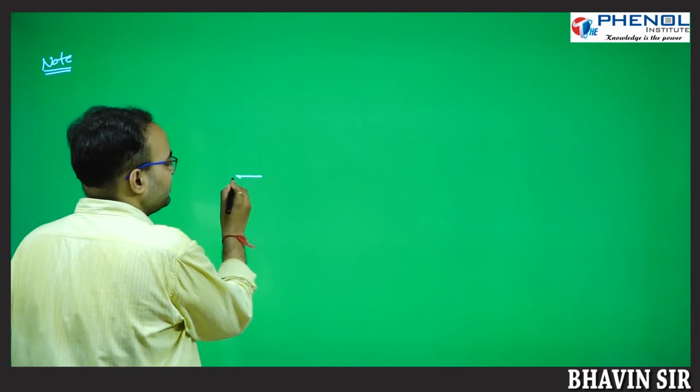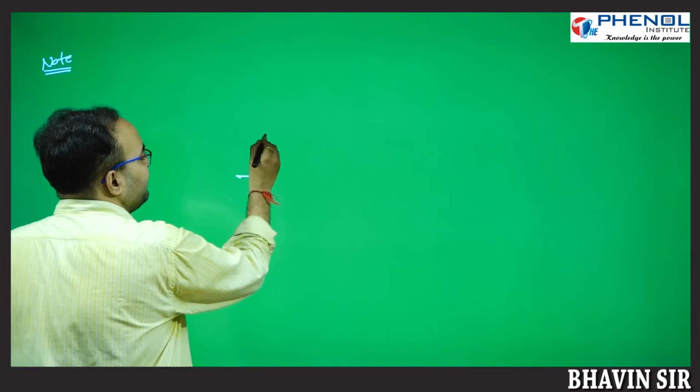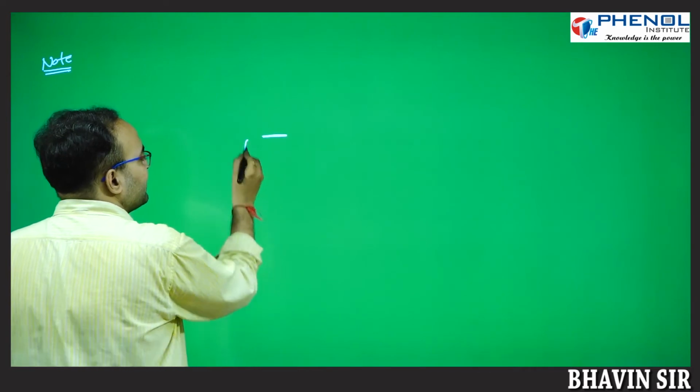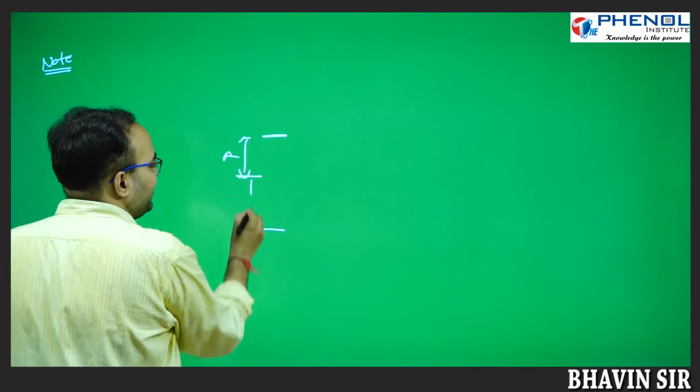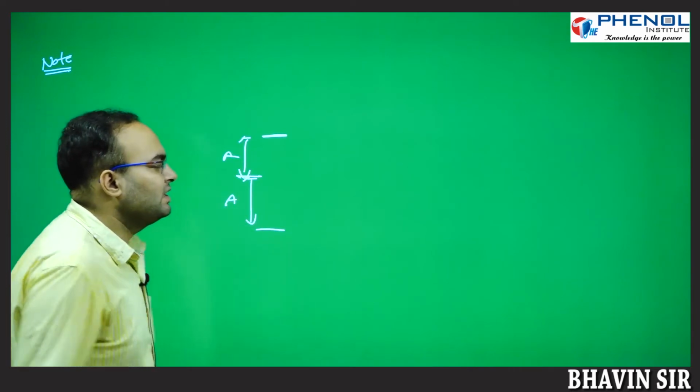2a. Okay, because see, students, if this is its mean position, then it goes to maximum A here, and downward also to maximum A. So what is the length of path of SHM? Linear path of SHM is what? 2a.